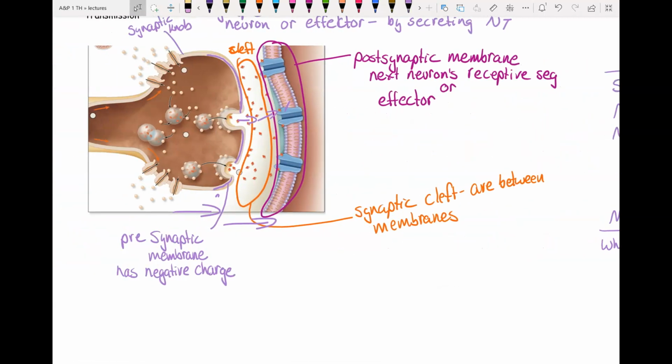The neurotransmitter, notice, is kept in vesicles. So these are vesicles that contain the neurotransmitter. Also remember that the receptive segment has voltage-regulated calcium gates. And that when they open, calcium moves in.